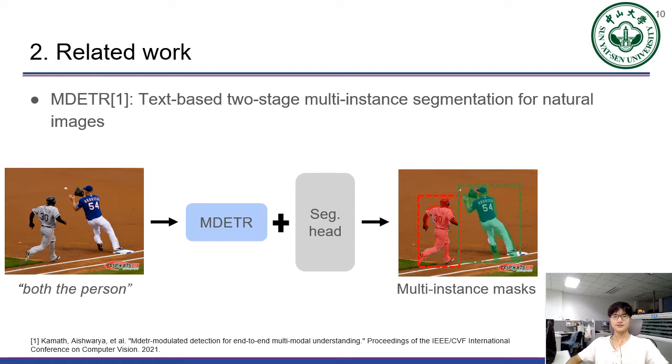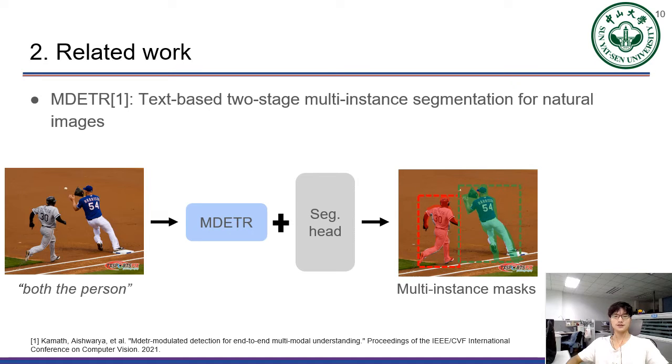MDETR is a text-based two-stage multi-instance segmentation model for natural images. It also includes two stages. In stage 1, fine-tune the pre-trained model to enable the model to complete text-based multi-instance target detection.